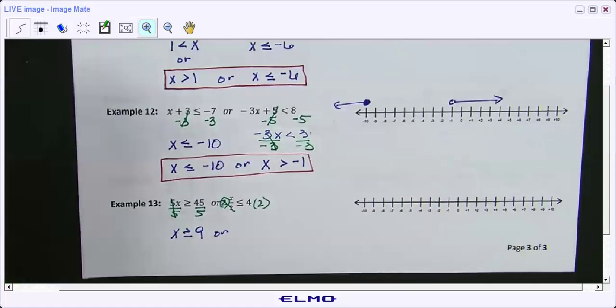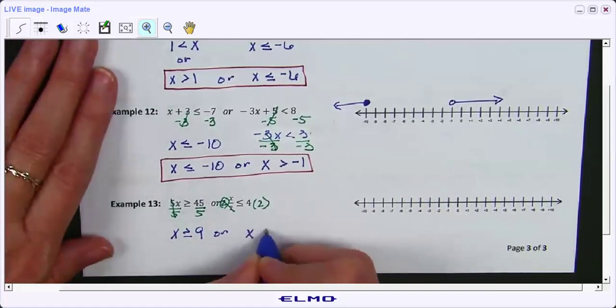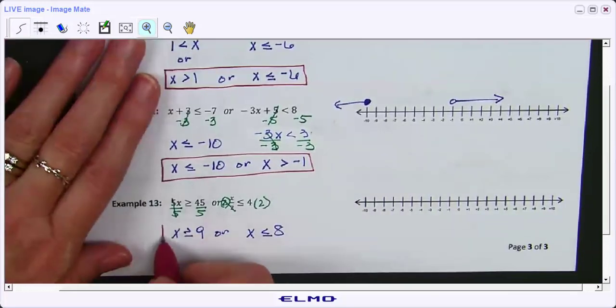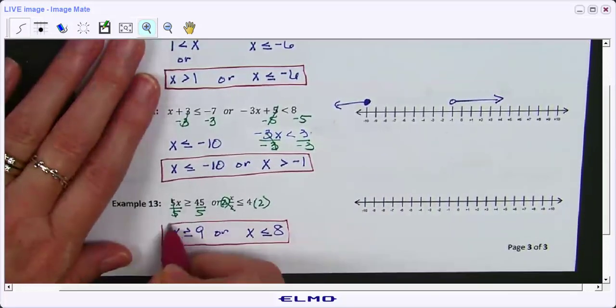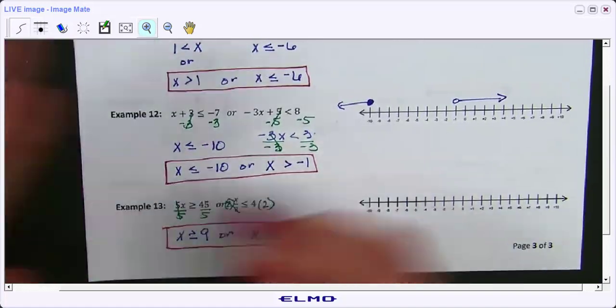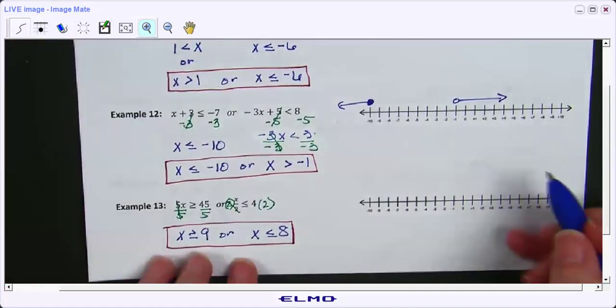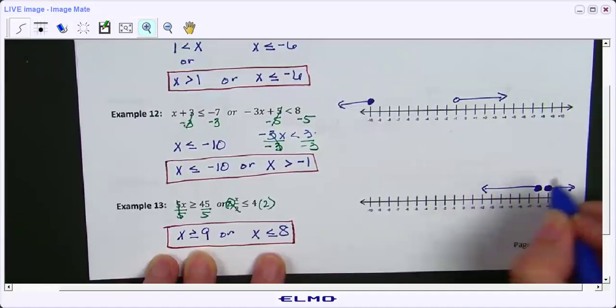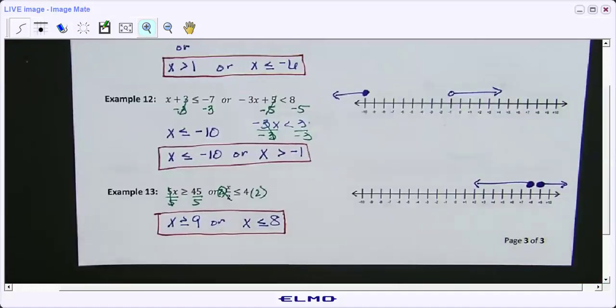And we get x is less than or equal to 8. Okay. And go ahead and graph that. And that concludes lesson 4.3, solving compound inequalities.